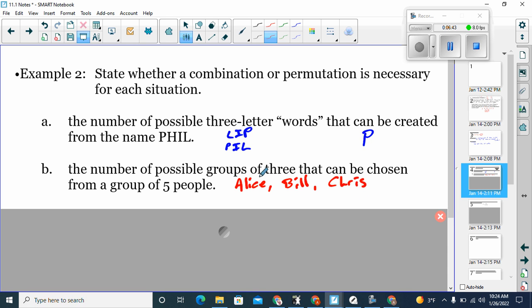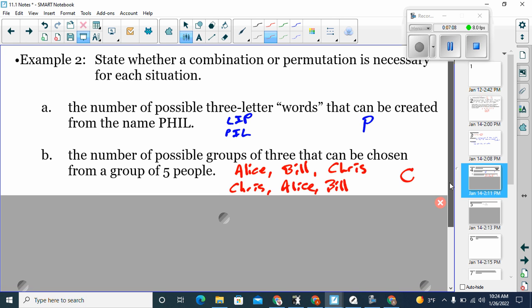So let's suppose I say Alice, Bill, and Chris, you guys are in a group. If I choose the same 3 elements but in a different order, Chris, Alice, and Bill, you guys are in a group. Notice this is the same outcome. It's the same group even if I choose the students in a different order. So the order that I chose the students in does not matter in this case. This one is a combination.